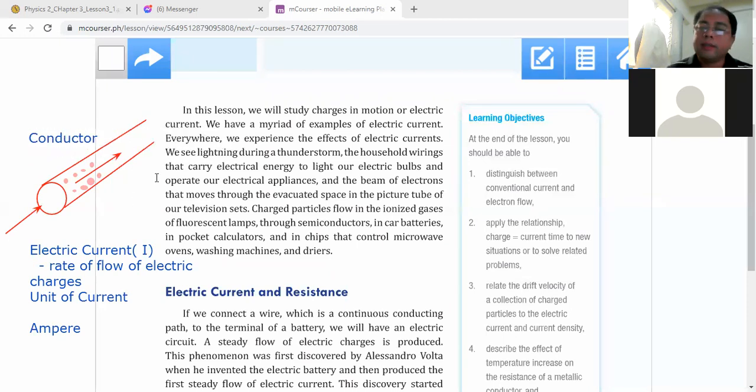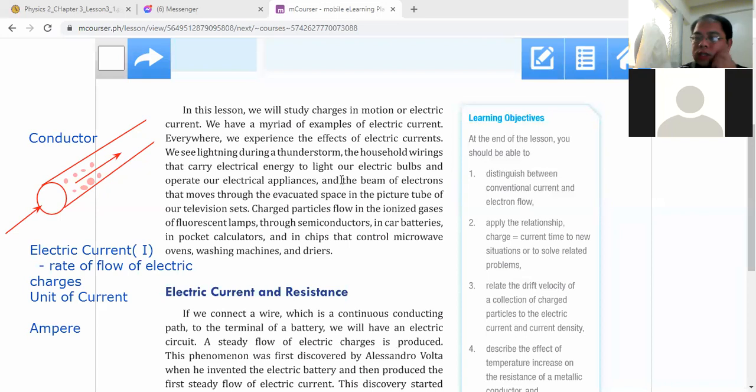Usually, good conductors of electricity are also good conductors of heat, and metals are usually mentioned as good conductors. Charged particles flow in the ionized gases of fluorescent lamps. They flow through semiconductors, in car batteries, in pocket calculators, and in chips, in the circuitry. You see some kind of a circuit.